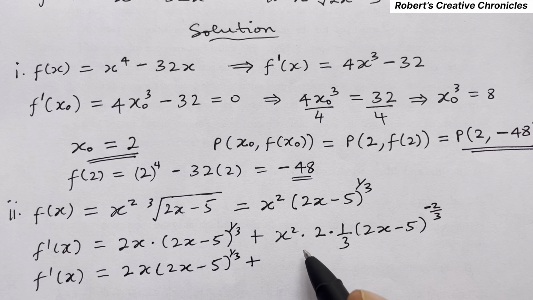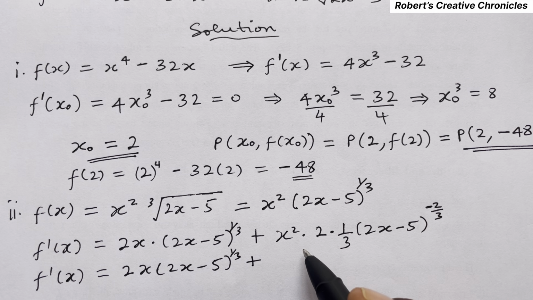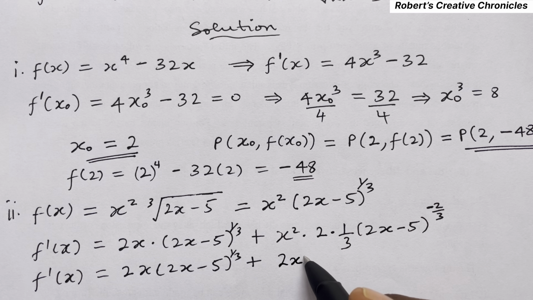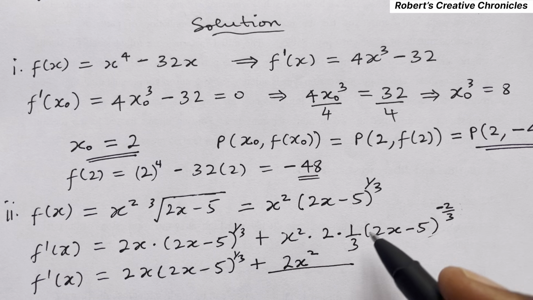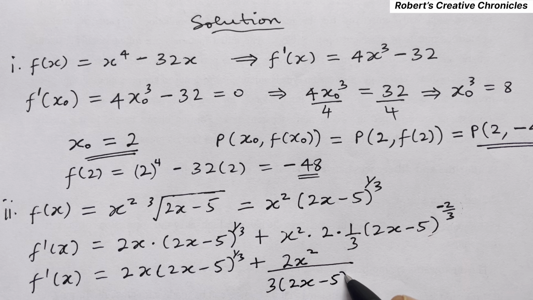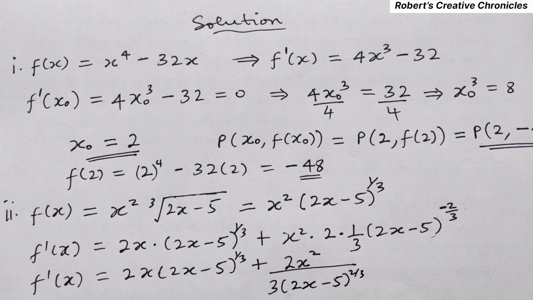plus, this becomes 2x squared. Then we can express this function that way, so it becomes 2x minus 5 raised to the power of 2 over 3.